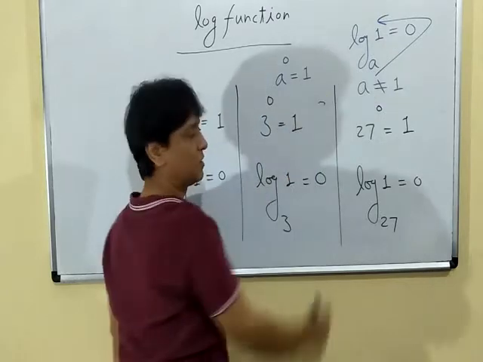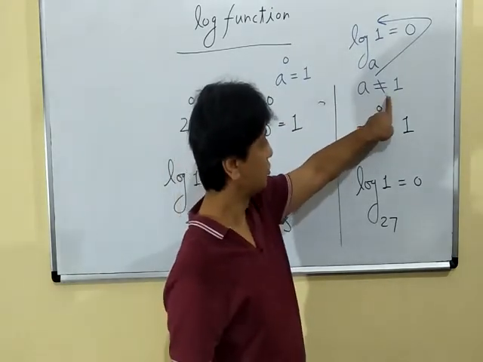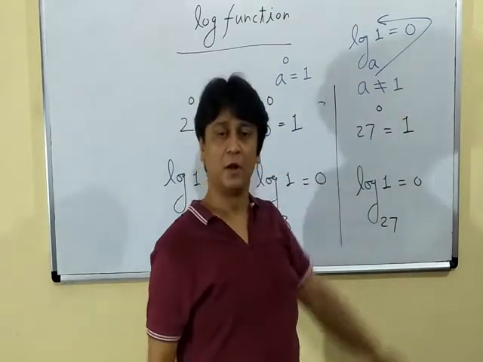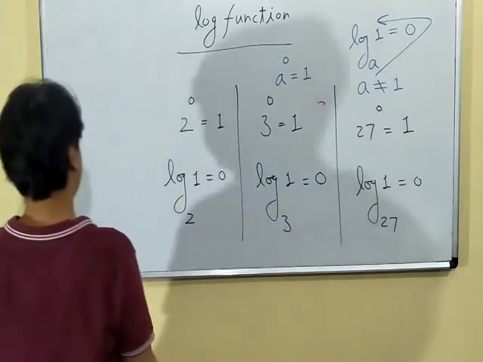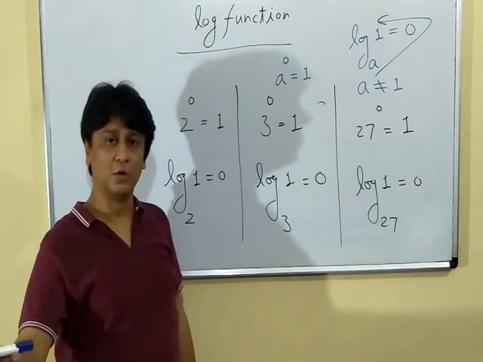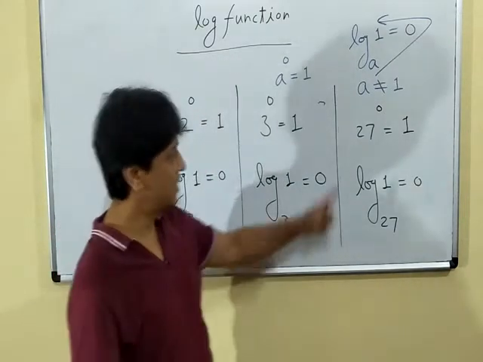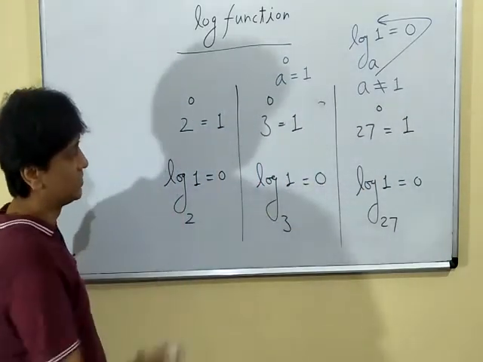It gets you what? 1. And as I told you that a should not be 1, that means base should not be 1. तो हम क्या याद रखेंगे? हम सीधा सीधा स्टेटमेंट याद रखेंगे, log of 1 is always 0, whatever be the value of base. And remember, when you define base, that should not be 1. Note down this.